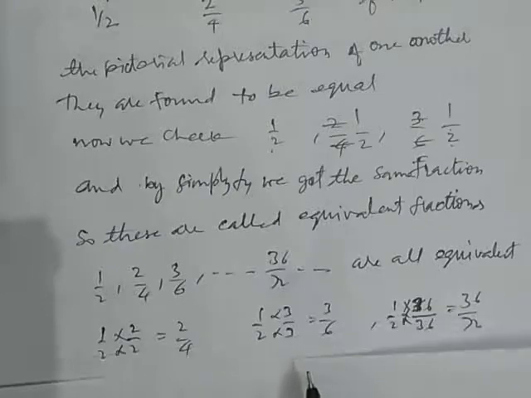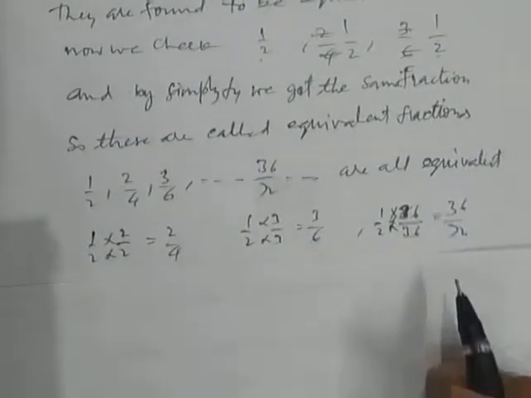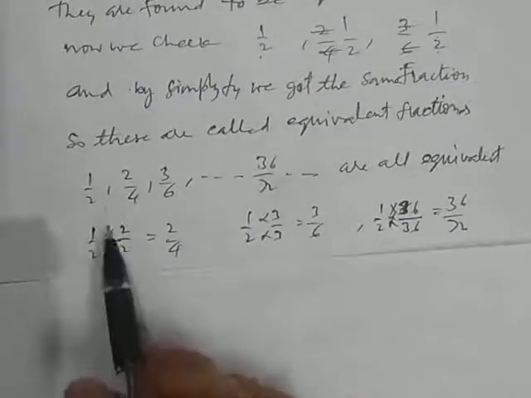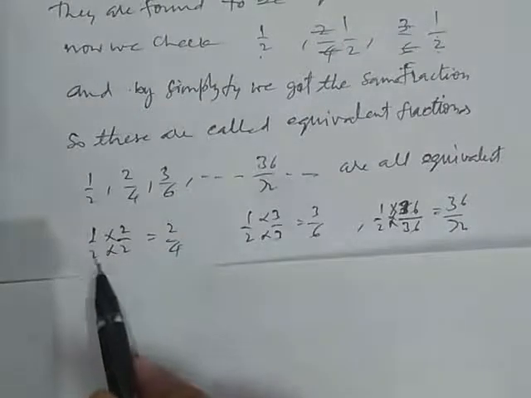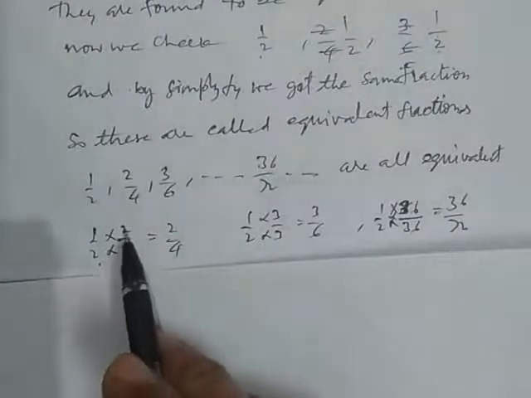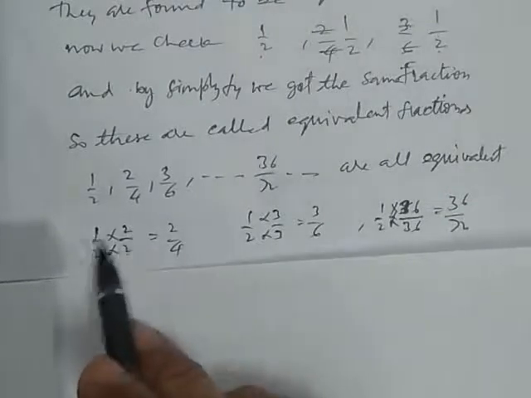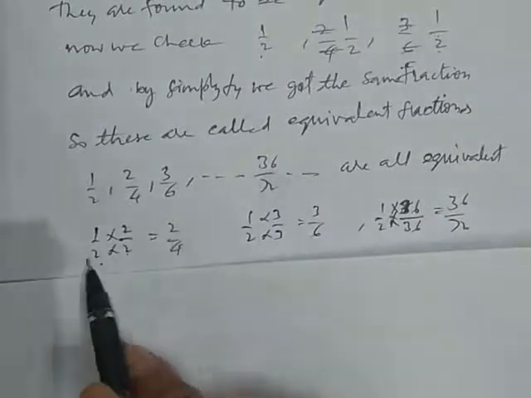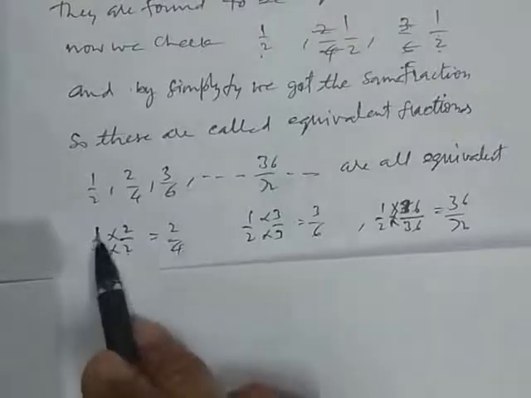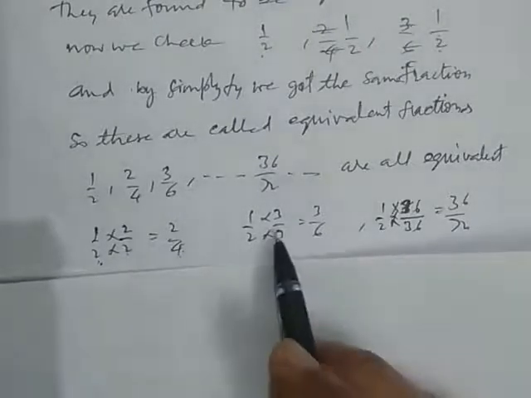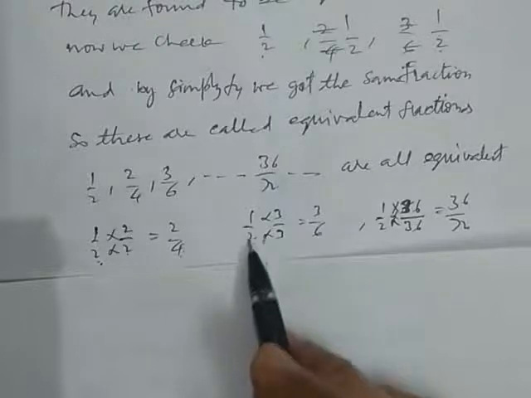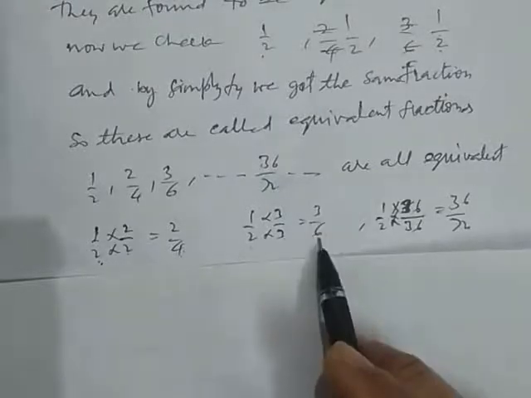Now we learn how to write equivalent fractions. If we have the fraction 1 by 2, by multiplying numerator and denominator both by 2, we get 2 ones are 2, 2 twos are 4. So 2 by 4 is the equivalent fraction of 1 by 2. If we multiply both numerator and denominator by 3, we get 3 by 6.